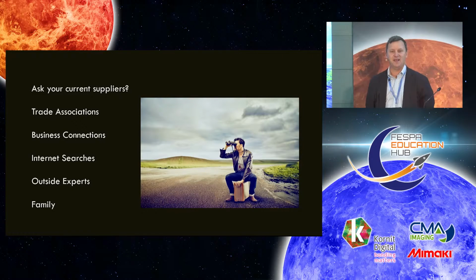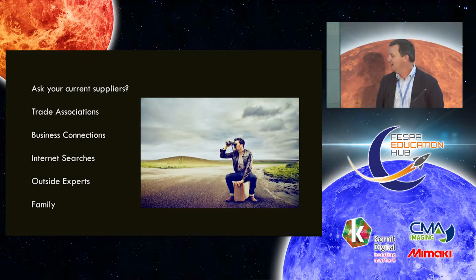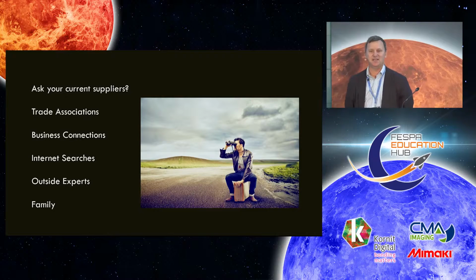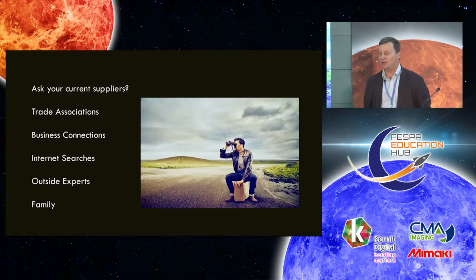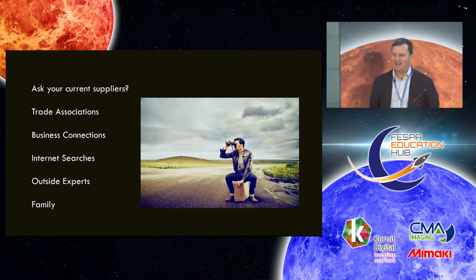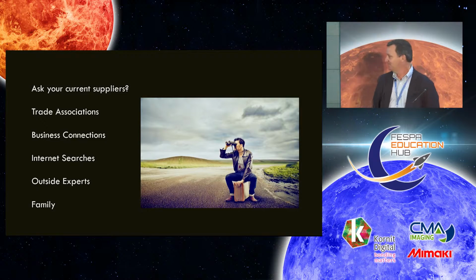Your competitors may have different printers that they use. Internet searches, that's kind of a given these days. You can look for outside experts who have more expertise in the field than your suppliers or you do. Or you can just rely on old friends and family, which might be a little risky proposition.